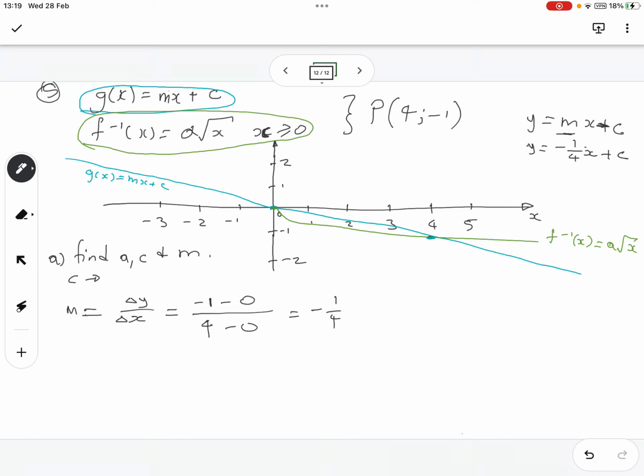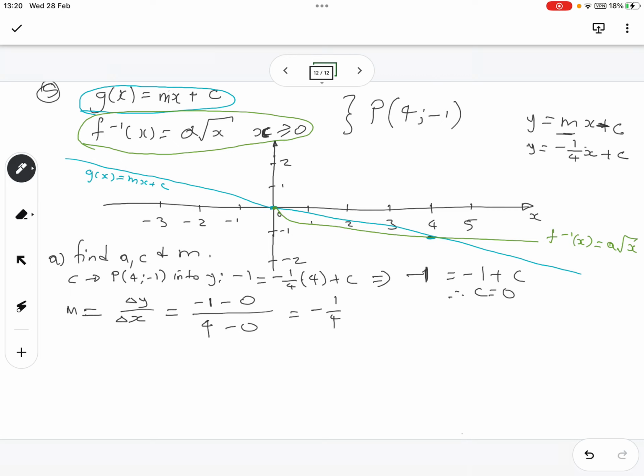Then I can substitute P, which is (4, -1), into y, such that -1 equals -1/4 times 4 plus c, which gives -1 equals -1 plus c, therefore c is 0.